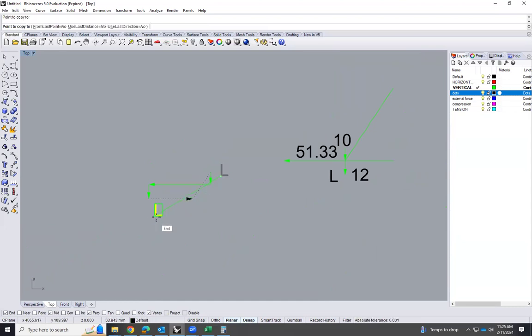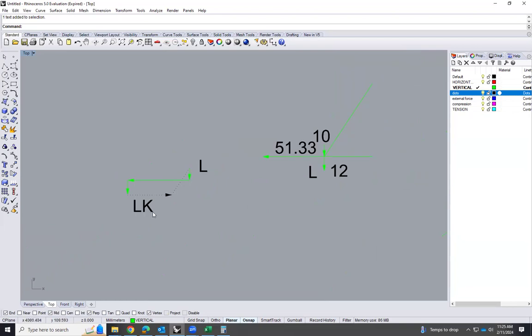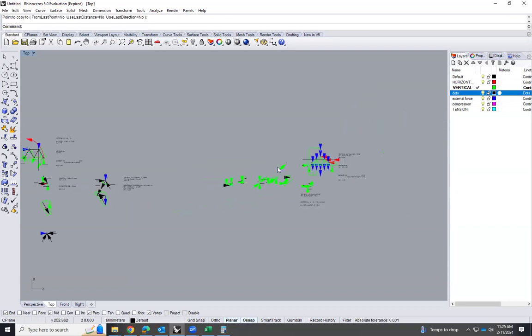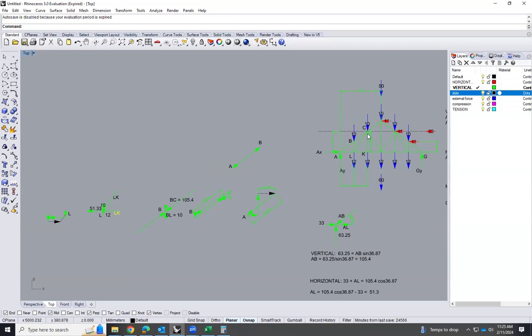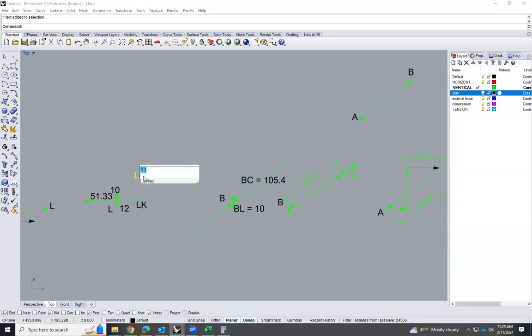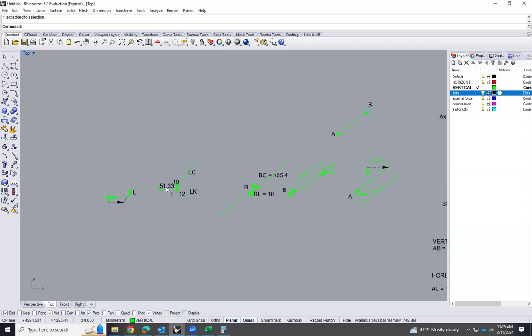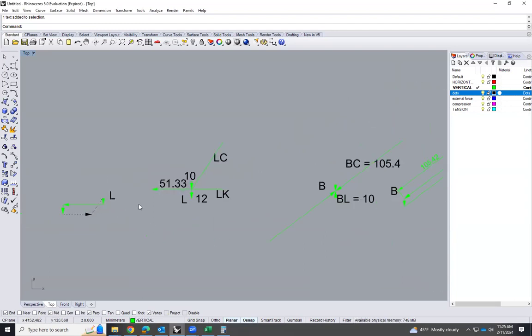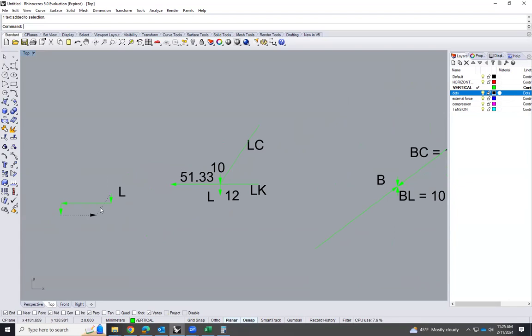So that bar will be LK. And the other one will be LC. Okay, and LC has to go up.